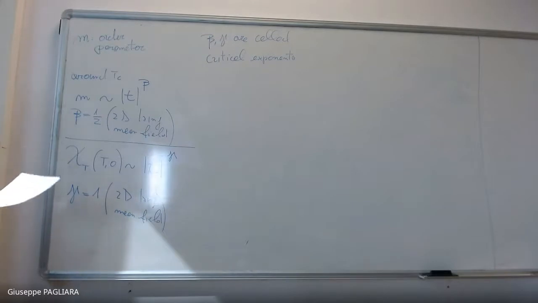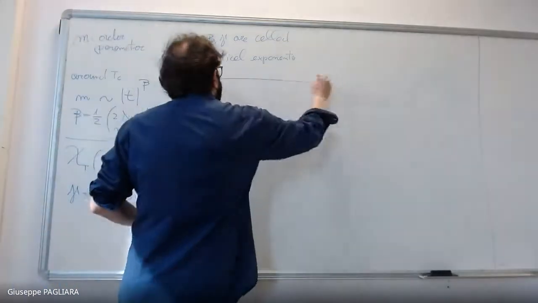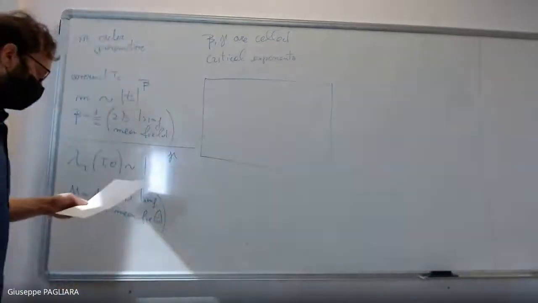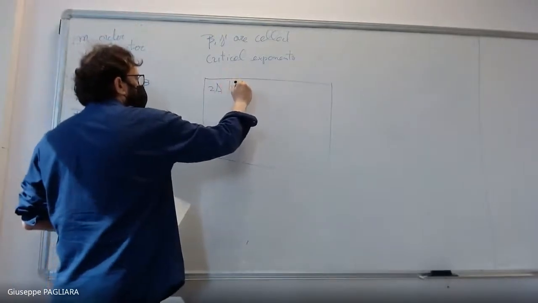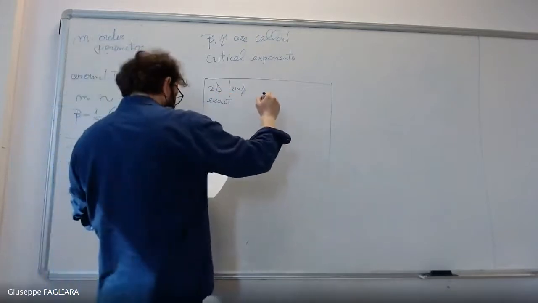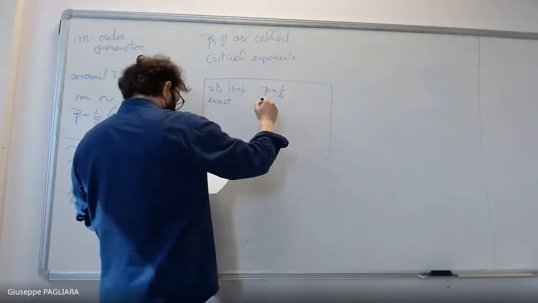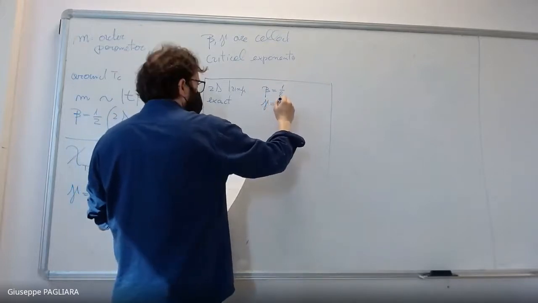So now we said already that in mean field approximation and two-dimensional Ising model, we have beta equal to 1/2 and gamma equal to 1. Just to make a comparison, it's good to quote what happens for the exact solution of 2D Ising. Exact solution, and in this case beta is equal to 1 divided by 8, and gamma is equal to 7 divided by 4.